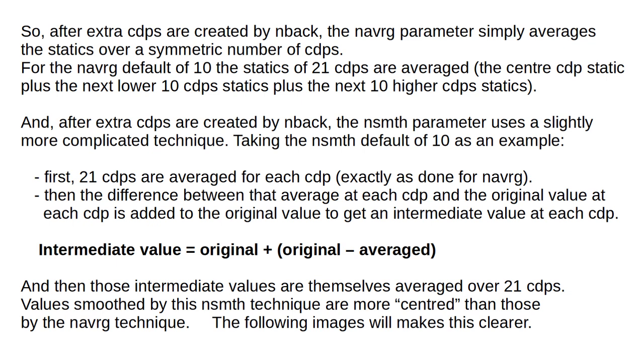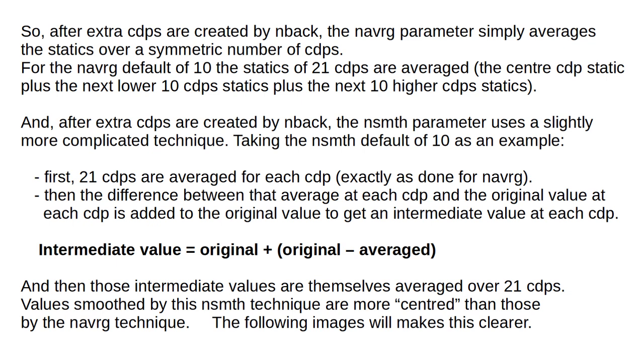And after extra CDPs are created by n-back, the n-smooth parameter uses a slightly more complicated technique. Taking the n-smooth default of 10 as an example, first, 21 CDPs are averaged for each CDP, exactly as done for navrad.